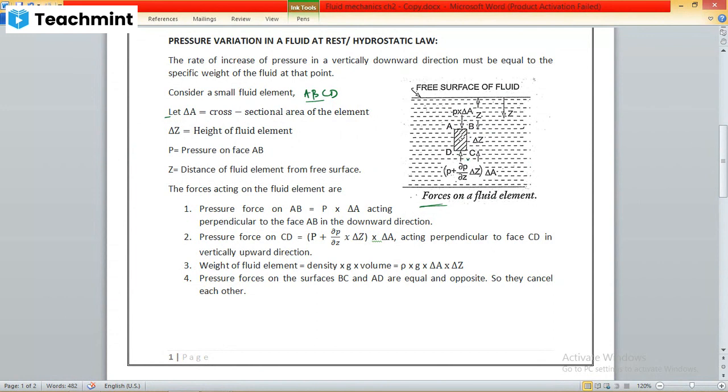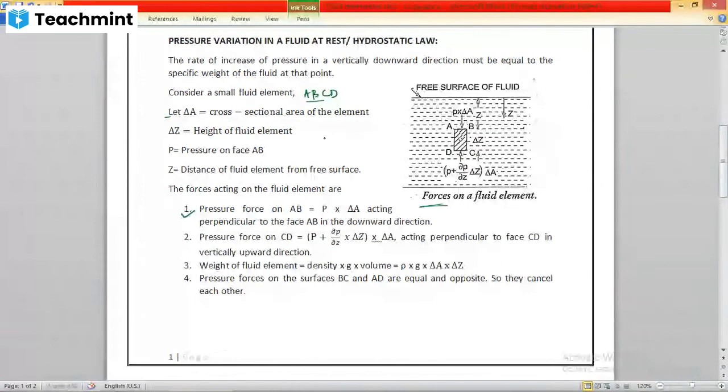And after that, the weight of the element ABCD. Then the forces acting on the BC and AD faces. So these forces can be categorized under four categories. Your first type of force is the pressure force acting on the surface AB.